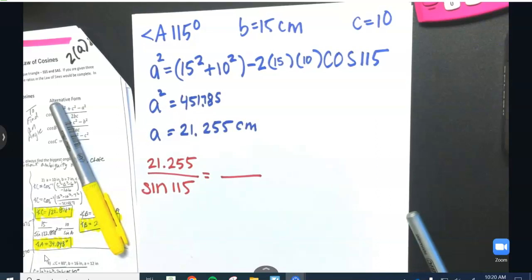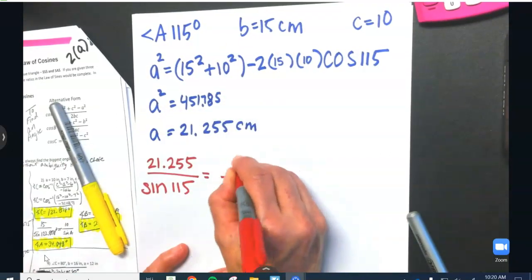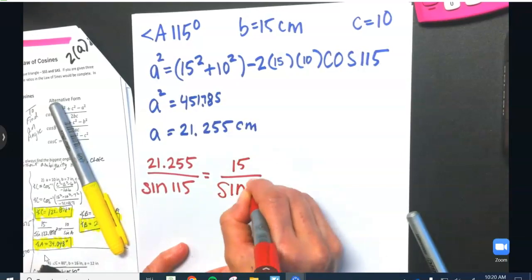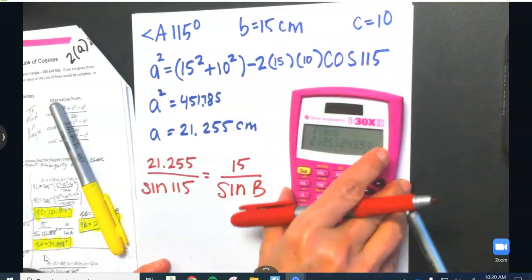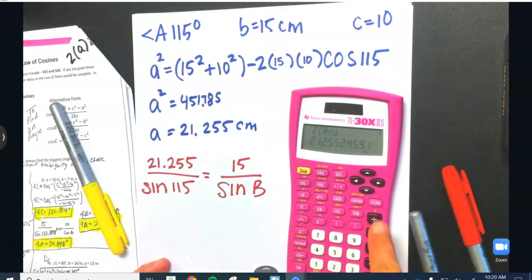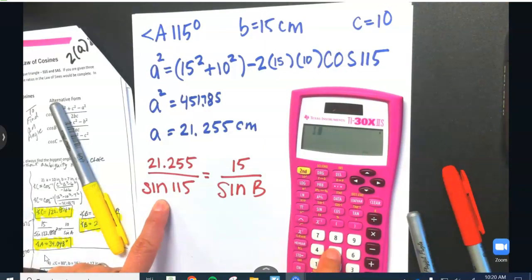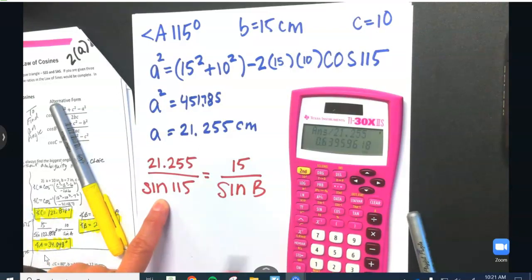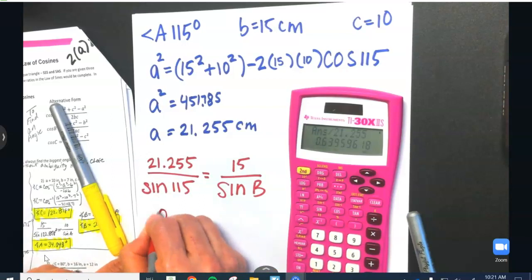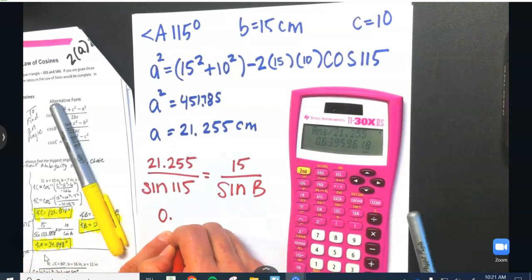So I'm focusing on angle B. Okay, so we have a sine ratio of 0.6396.